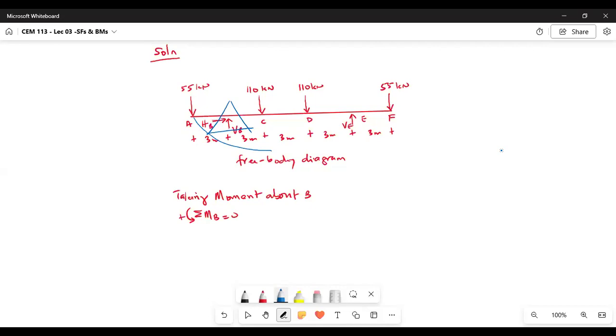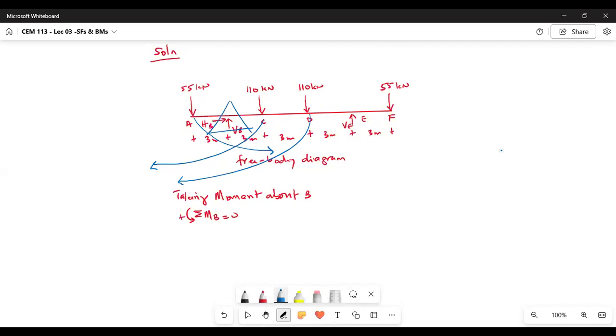And then the 110 relative to the B will go like this. That's clockwise, isn't it? And then 110 here also goes like this. That's also clockwise. And the distance is what? 6. The 110 here, the distance is 3. And then 55 here, the anti-clockwise moment, the distance is also 3.